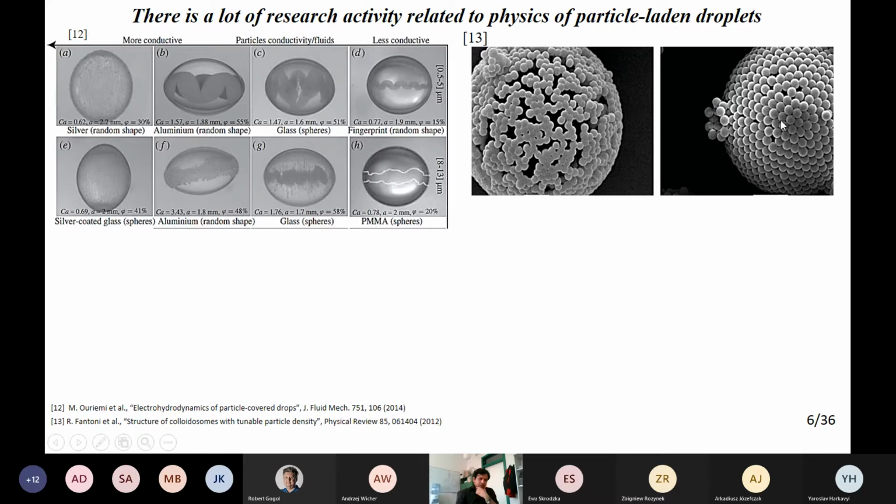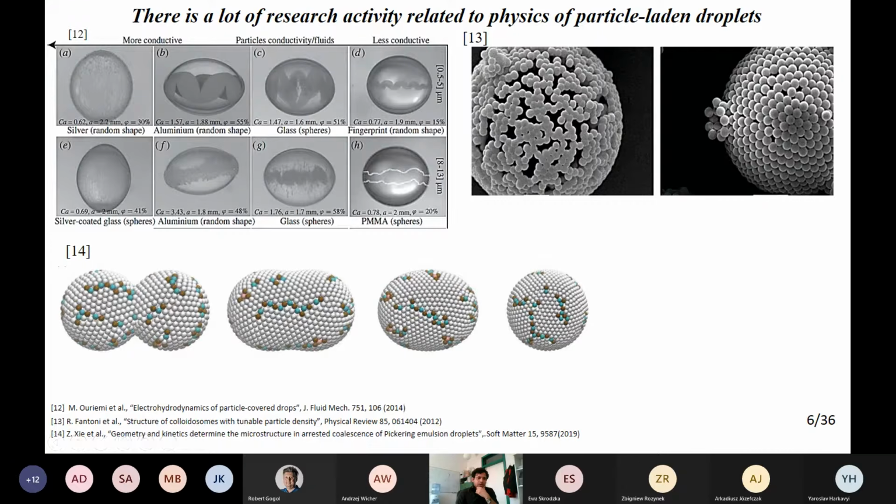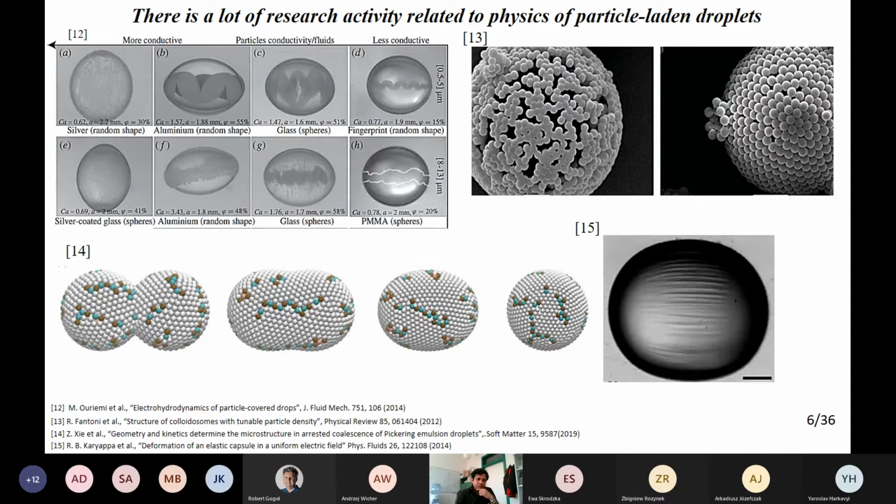There is one more example, where they studied the curvature distribution, which depends upon changes of the shape of the droplet, and also the curvature depends upon the particle packing. So they studied how the curvature changes when the droplet is changing its shape. There is one more example I would like to present, which is about the deformation of an elastic capsule under an electric field.